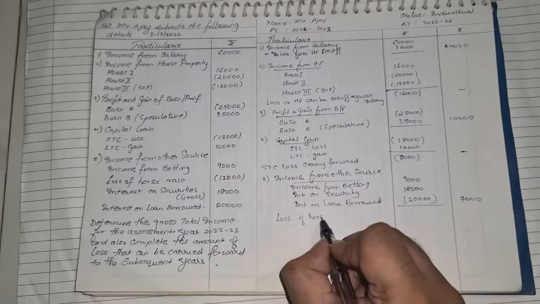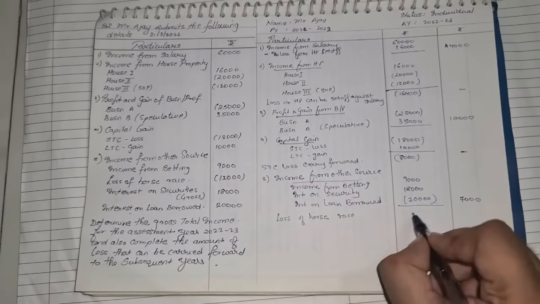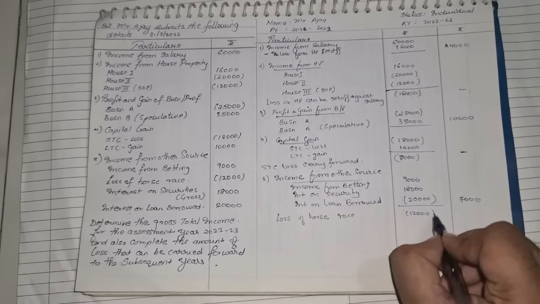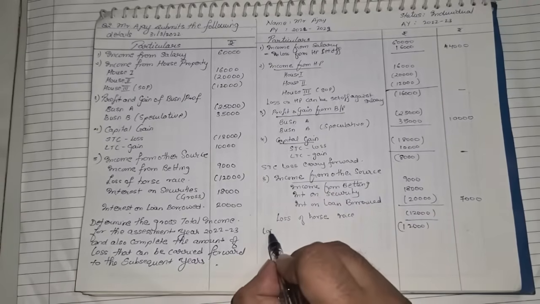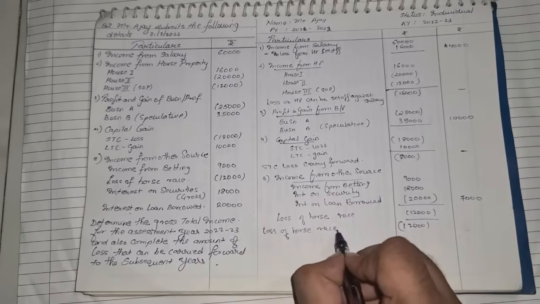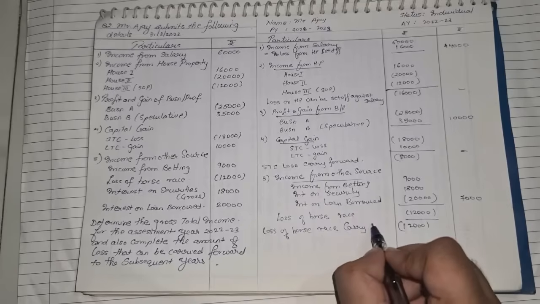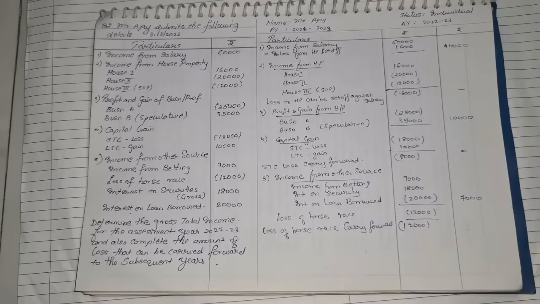Now that can't be set off against each other. So we write loss of horse race, which is a negative 12,000. Now this negative 12,000 will have to be carried forward. So we write loss of horse race carried forward to the next year. And thereafter, whatever income we have got, we will add it up. So it is 44,000 plus 10,000 plus 7,000, that comes to 61,000.